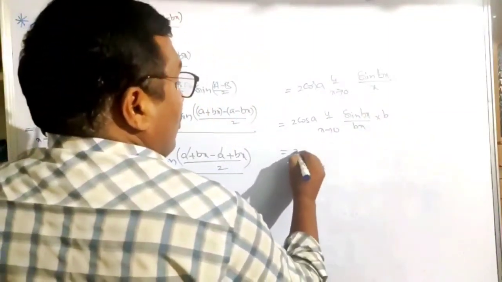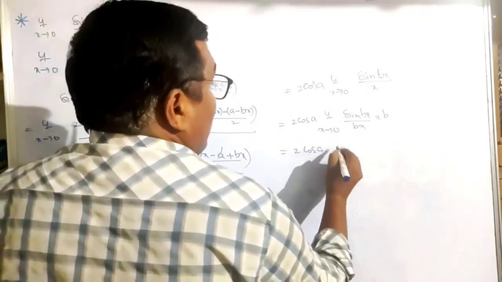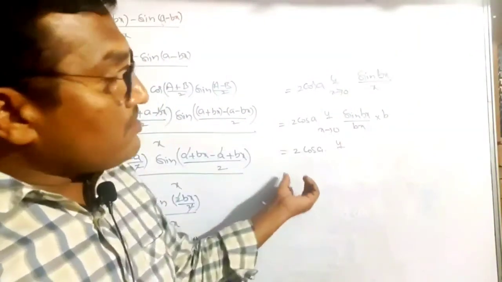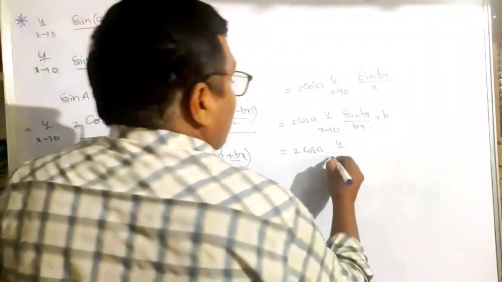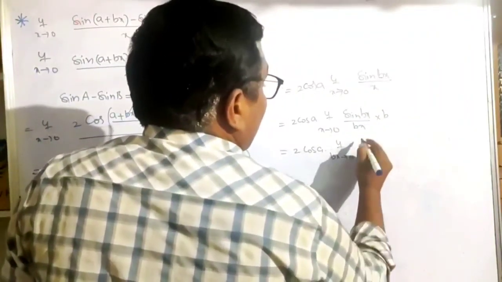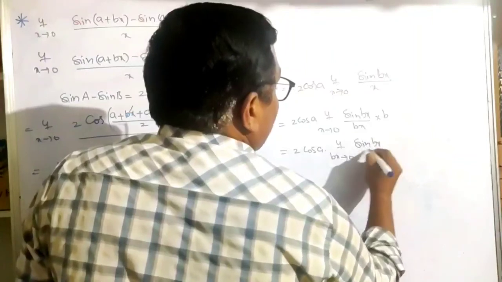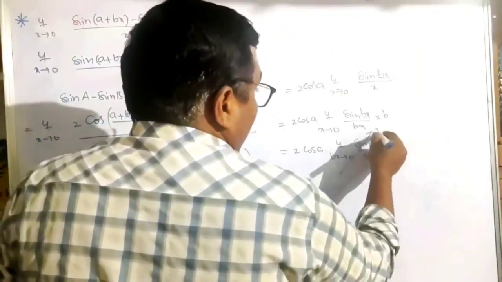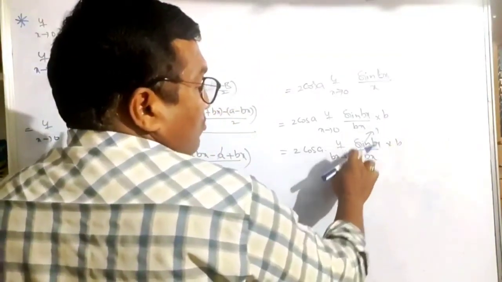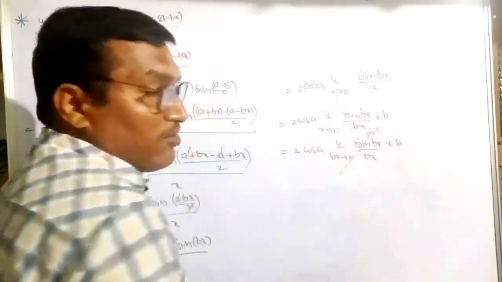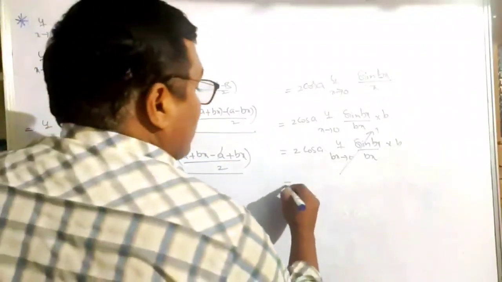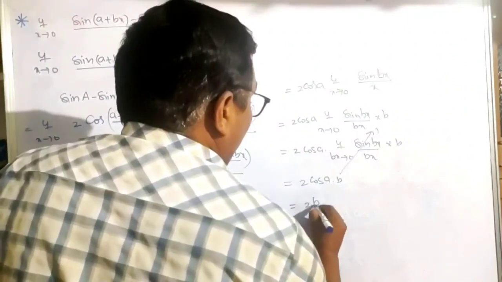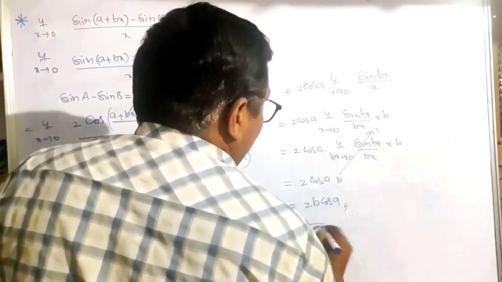So now 2 into cos a, limit as x tends to 0, then bx also becomes 0. That is, bx tends to 0, sin bx by bx into b. This value becomes 1, because limit of sin x by x form is 1. So 2 into cos a into b. 2b cos a is the answer.